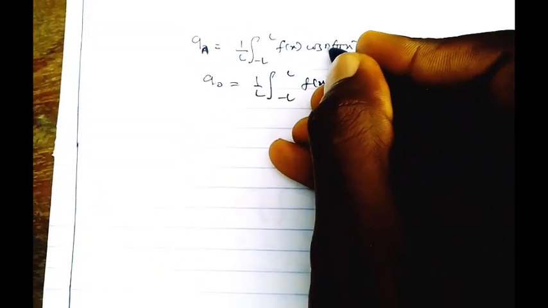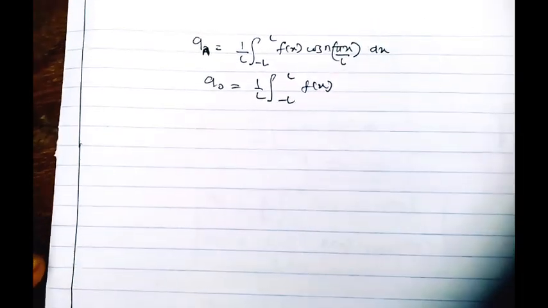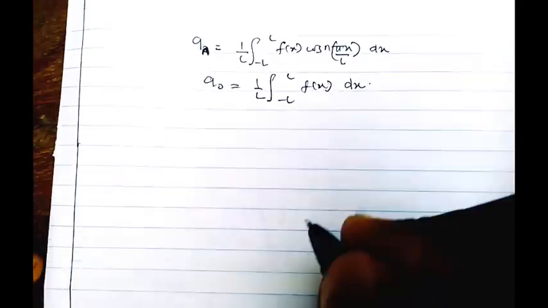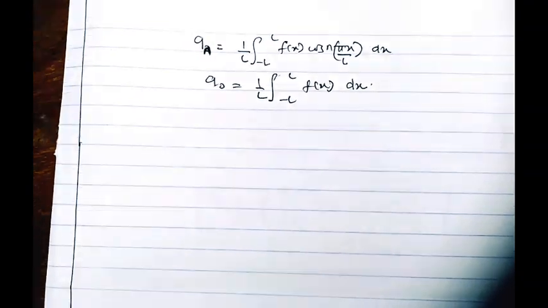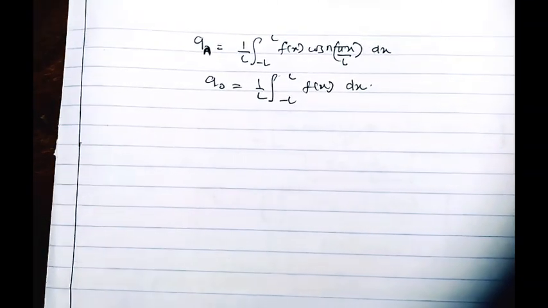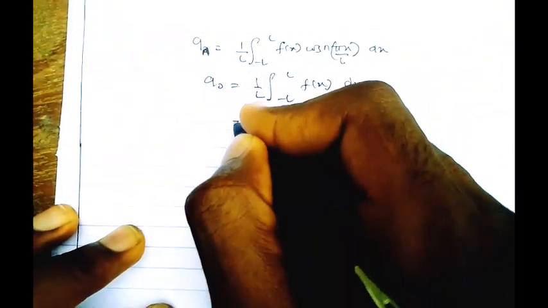Now when I put n equal to 0 here, which makes this whole thing here 0, we will be having cos 0, and cos 0 is 1. So this is 1 times dx, which is dx. So this is the formula for my a naught, which is just like the formula for a naught for your normal Fourier series interval from minus pi to pi. So where L is equal to 1, this is 1 over 1.